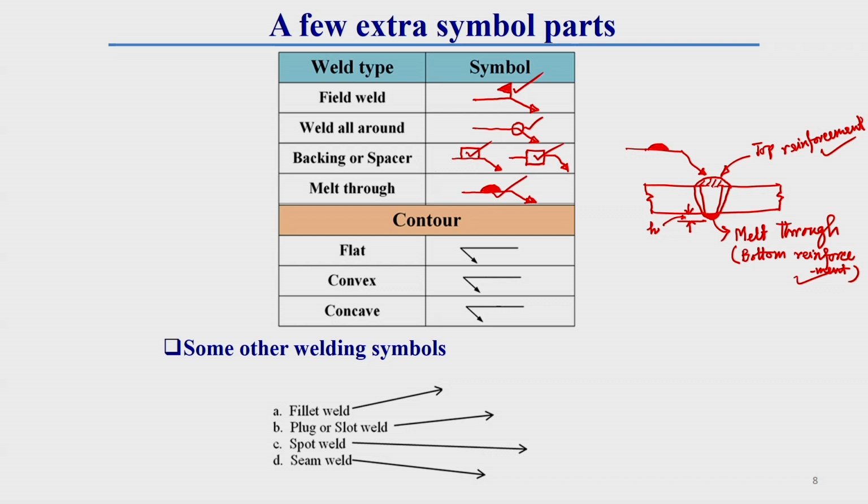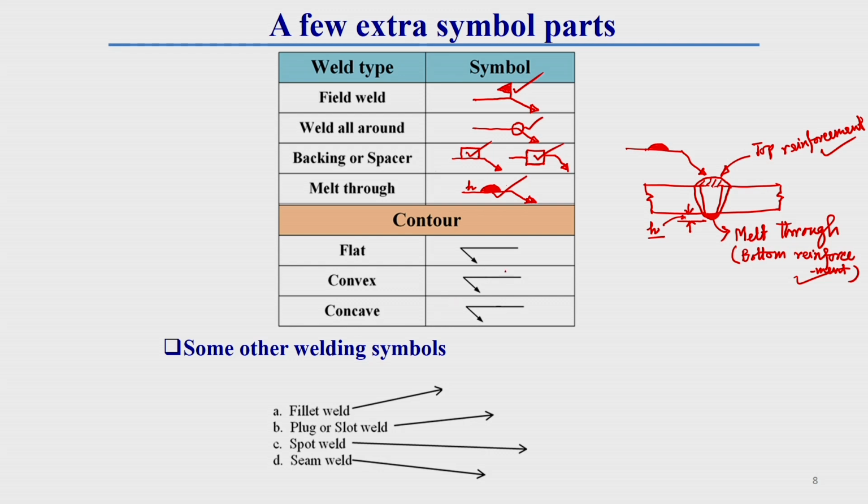This melt through is specified by a height, which we should put on the left side of this weld joint, on the left side of this melt through symbol. This is the melt through symbol, this filled convex shape, and the melt through height is represented on the left side of this melt through symbol.